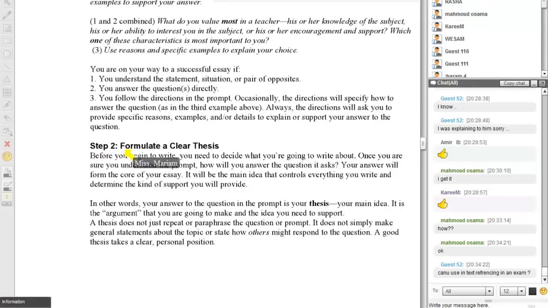Okay, so the second step is to formulate a clear thesis. Think of the main idea of the whole essay. The point is to make this main idea very, very clear, because you are going to support it with minor details or examples.